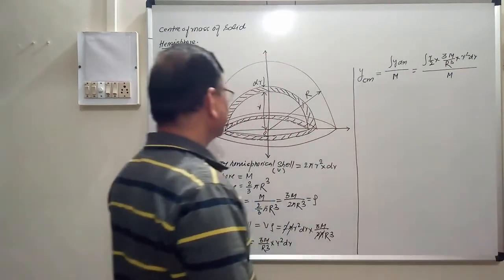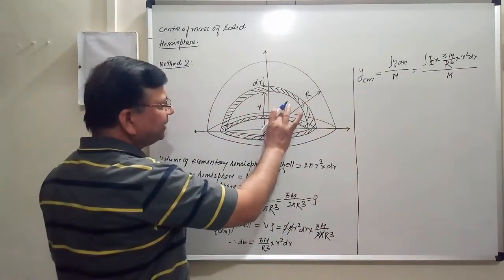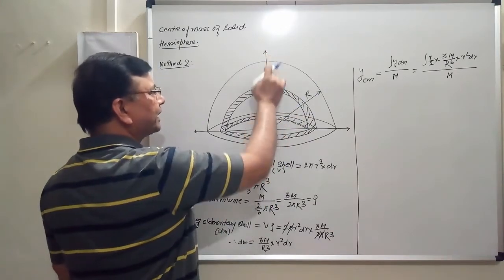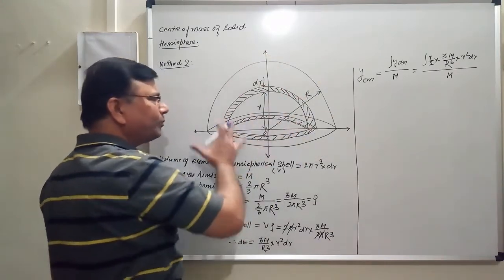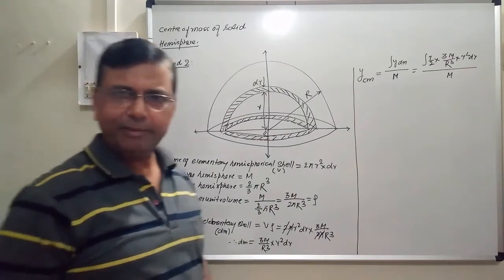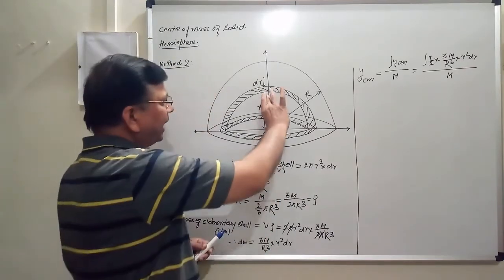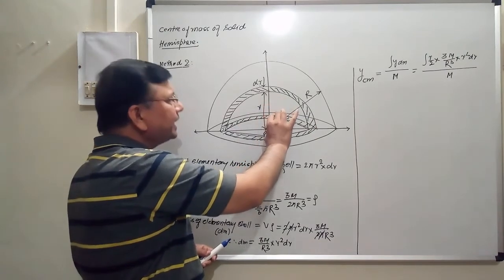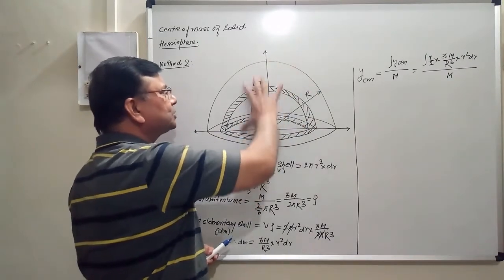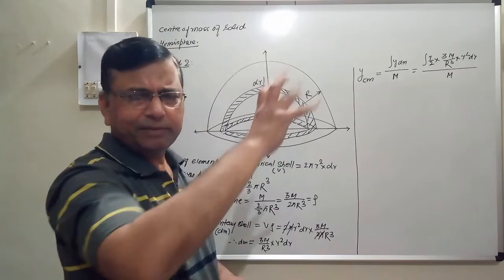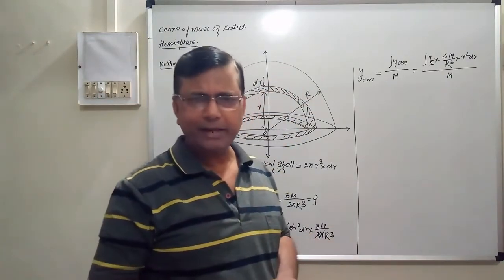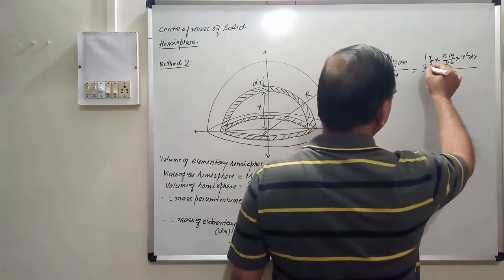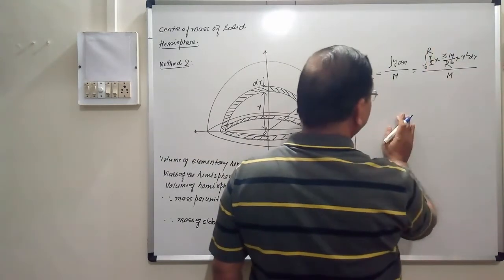You see, r is varying from 0 to capital R. The total volume of the hemisphere will be covered. If 0 to r covers this much volume, we will take it from 0 to capital R, so many hemispherical shells will be made and the total volume will get covered. So it will be varying from 0 to capital R.